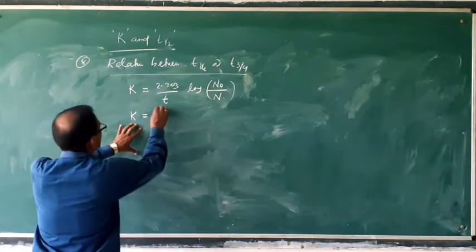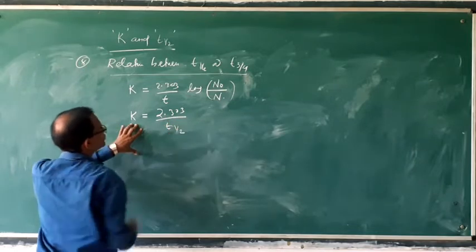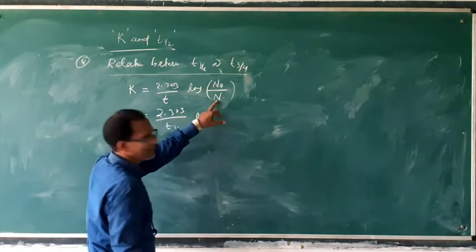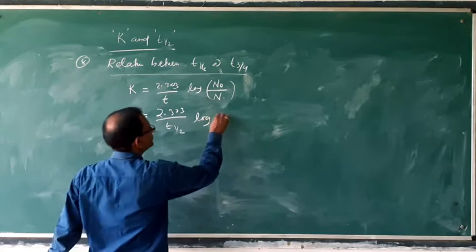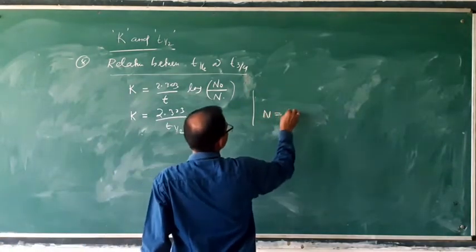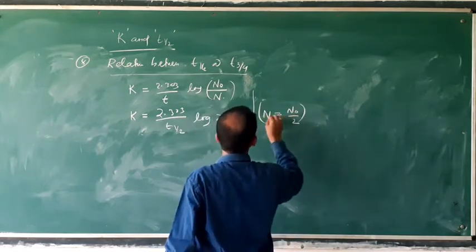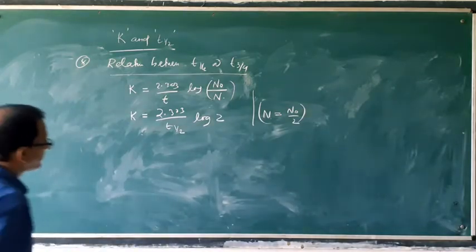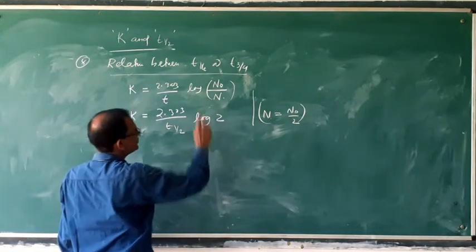So K is equal to 2.303 by T half log N0 by N. For the half life period, N becomes N0 by 2, because 50% consumption means 50% left. So that will be log 2.